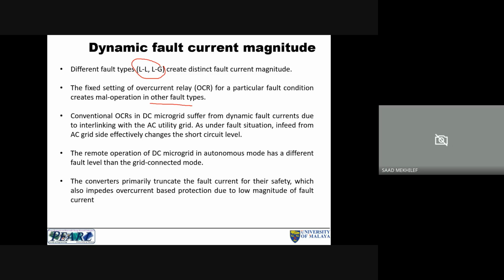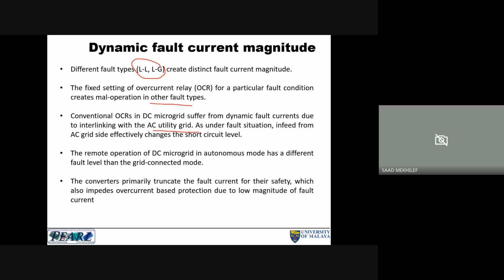So that can lead to problems in setting these overcurrent relays, and overcurrent protection in the DC microgrid suffers from the dynamic fault current due to the interlinking with the AC utility. This is because we have two systems connected to each other, one AC and one DC. Under fault situations, the AC grid effectively changes the short circuit level. This is one of the challenges faced when two systems are connected to each other.